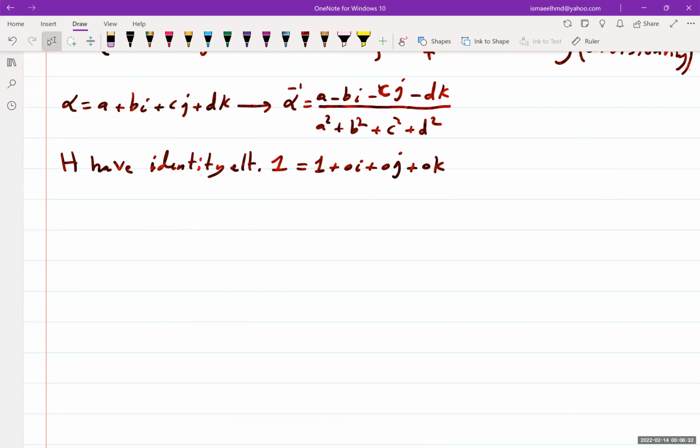Also, we have the inclusions: the set of real numbers is a subset of the set of complex numbers, and this one is a subset of the quaternion ring H.